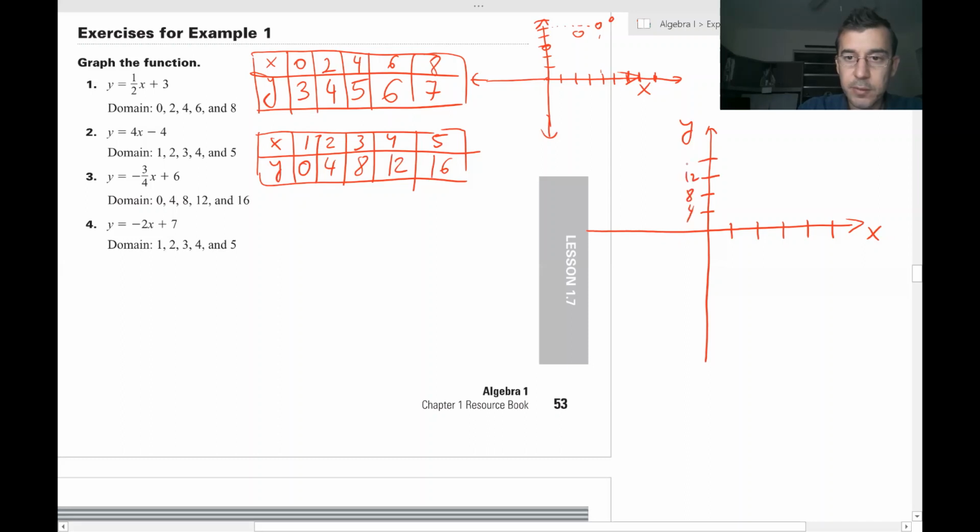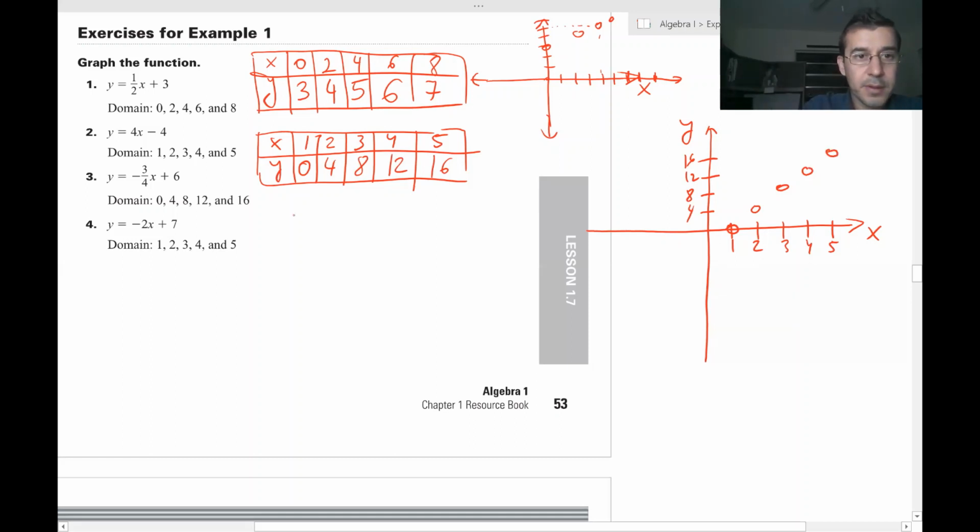When x is 1, we have 0, so this is 1 point. 2 and 4 would be right here. 3 and 8 would be right here. 4 and 12 would be right there. And then 5 and 16 would be right there.